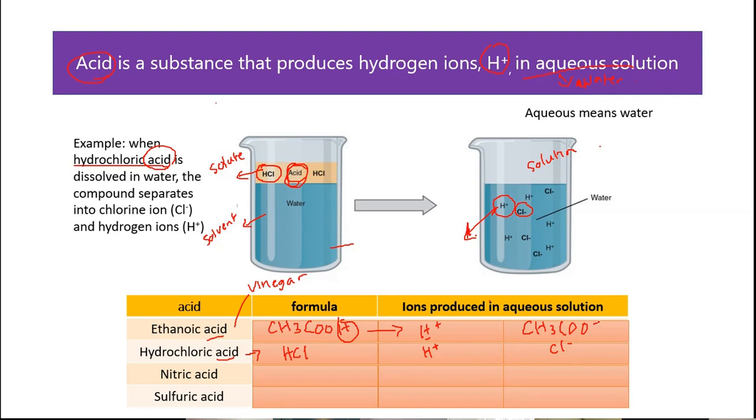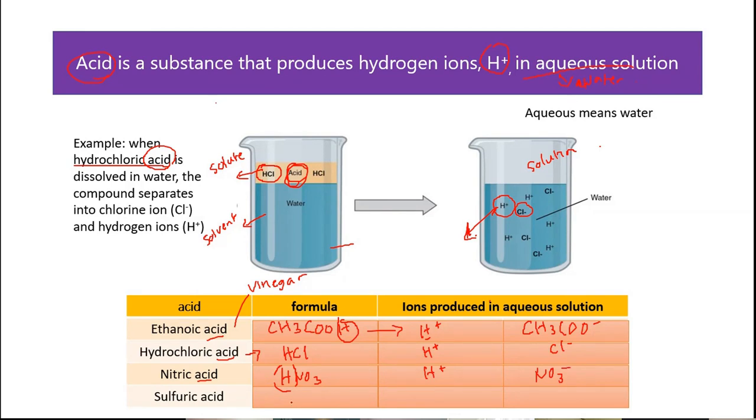H plus is already the positive ion, so the negative ion should be CH3COO minus. Next, nitric acid. What is the formula of nitric acid? HNO3. The ion produced? Same, right? Acid actually produce H plus and NO3 minus. This is the anion. How about sulfuric acid?